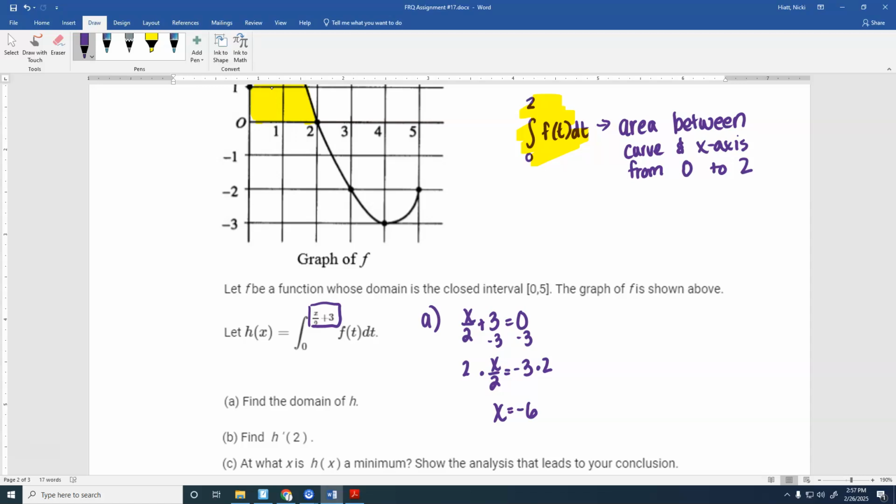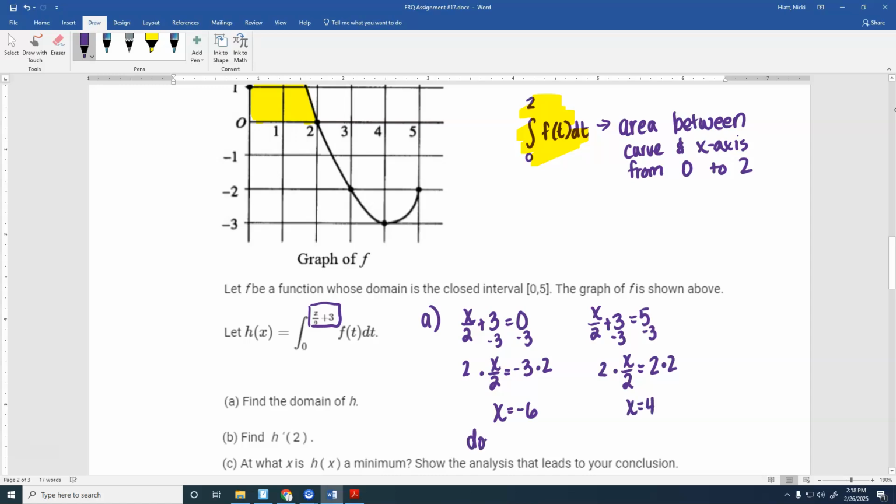Okay? And then the highest number that x over 2 plus 3 could be is 5, right? Because outside of 5, f does not exist. So I would do x over 2 plus 3 equals 5. And I would need to subtract 3 from both sides. x over 2 would equal 2. I would multiply both sides by 2, and x would equal 4.